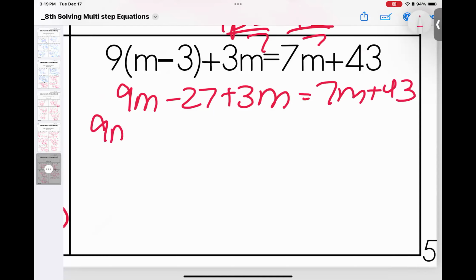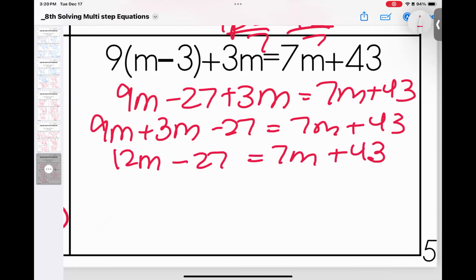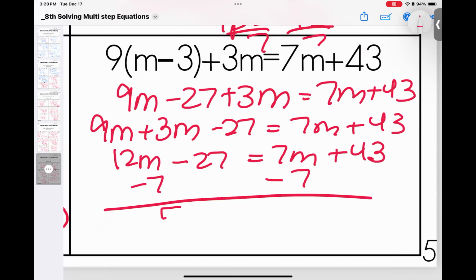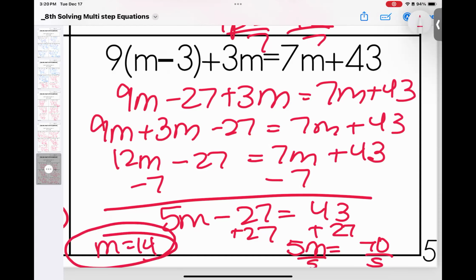All right, 9m plus 3m minus 27, like and like, becomes 12m minus 27 equals 7m plus 43, equals 5m minus 27, equals 5m, equals 70. Divide both sides by 5. We have m is equal to 14.